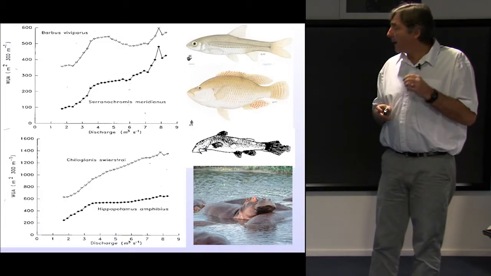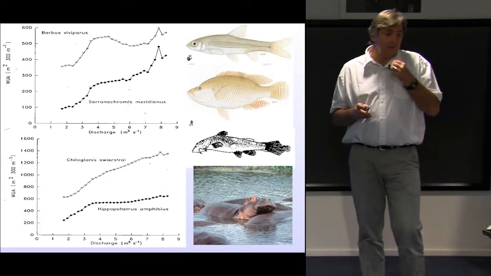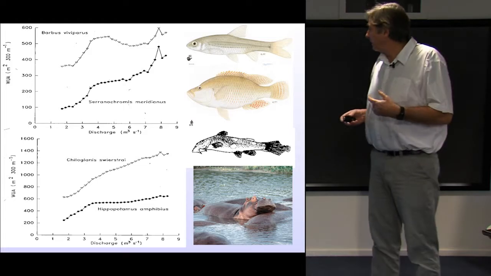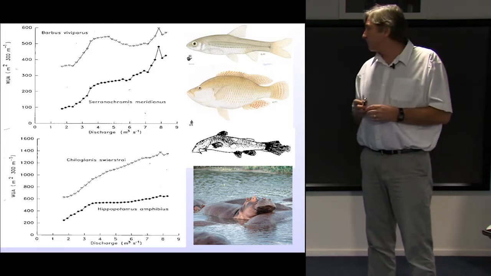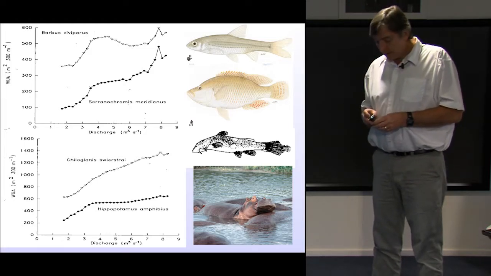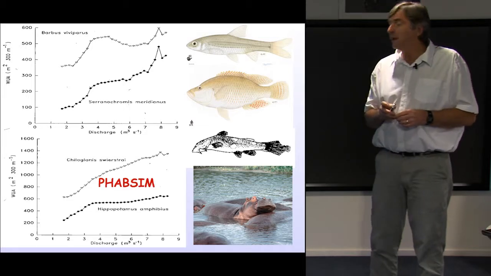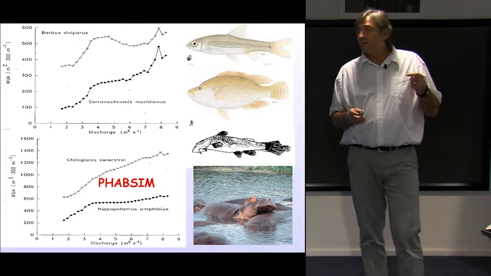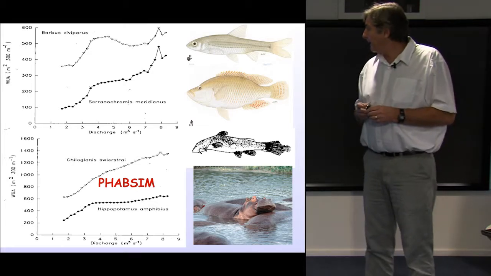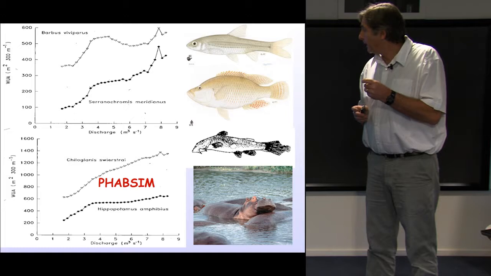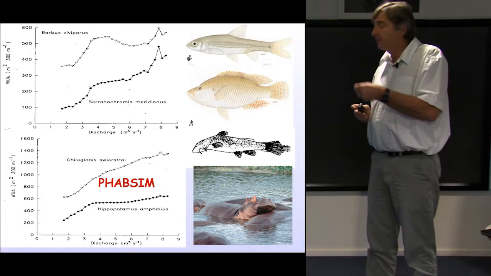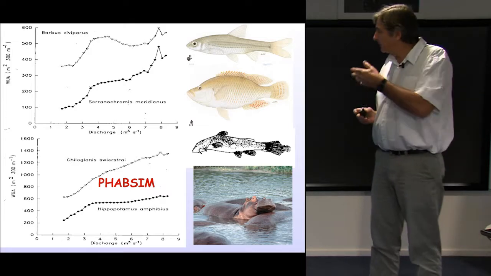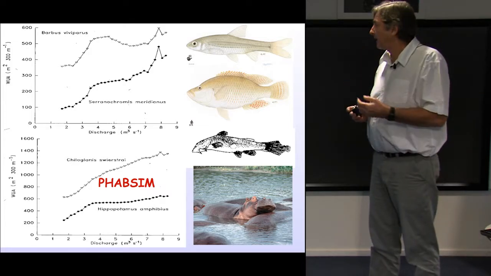Okay, and the way that the specialists get these answers is usually to use indicator species. These are 3 fish species and hippos, which were used in the Sabie River, and a model known as PHABSIM, the Physical Habitat Simulation model, was used to characterize the preferred habitat of these indicator species with changing discharges on the x-axis.